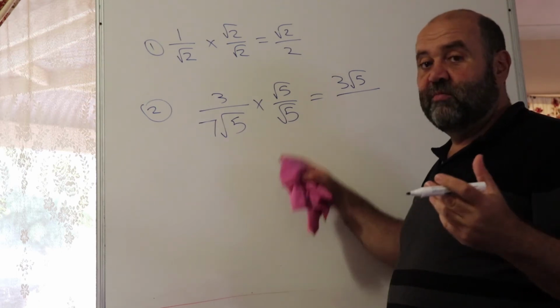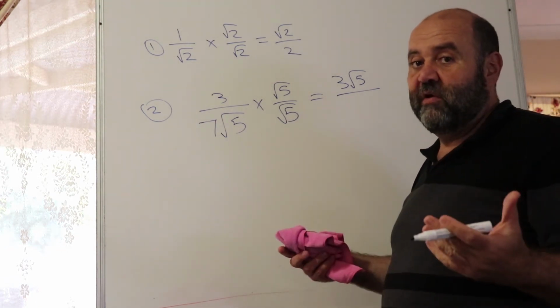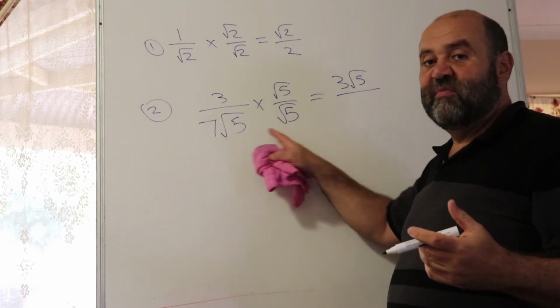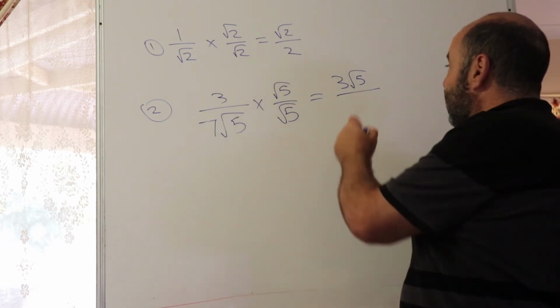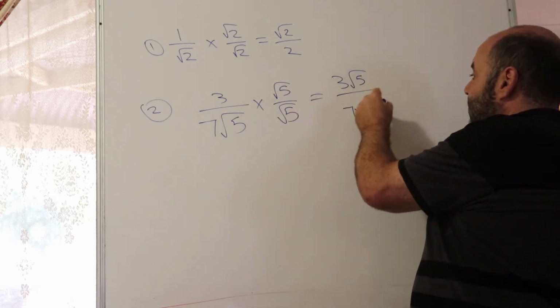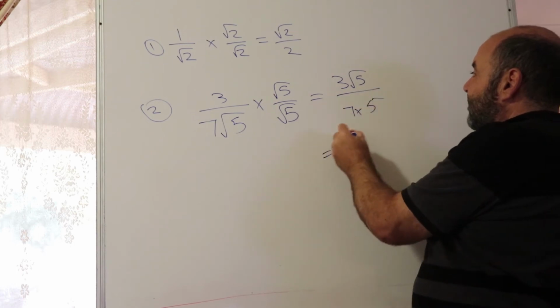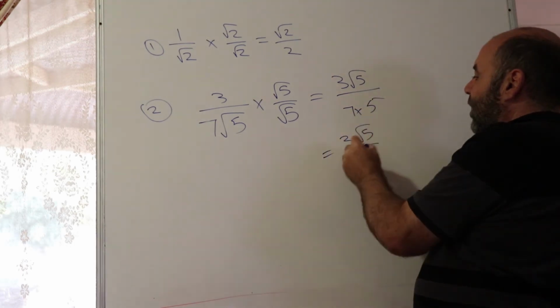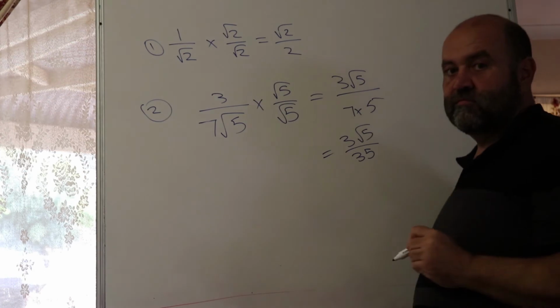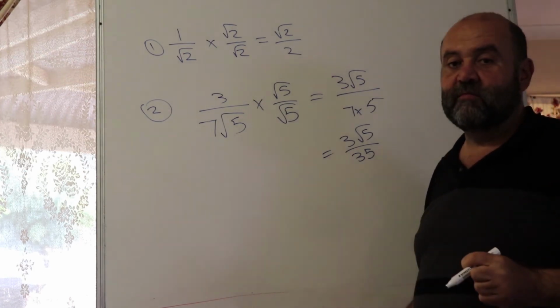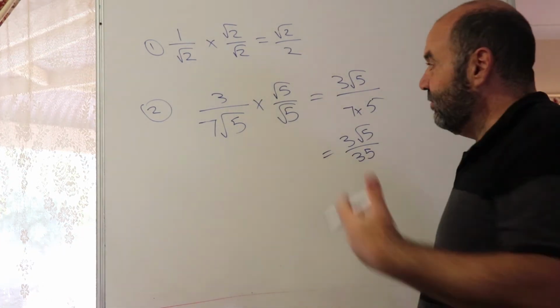Remember, you multiply a surd by itself, it just gets rid of the square root sign. So that's 7 times 5. So that's just 3 root 5 over 35. Okay, that's it. Job done. Let's look at another example.